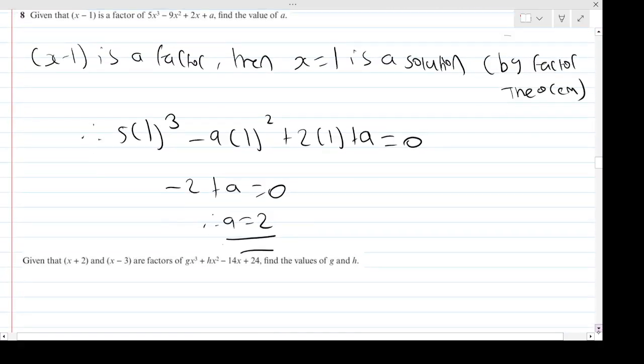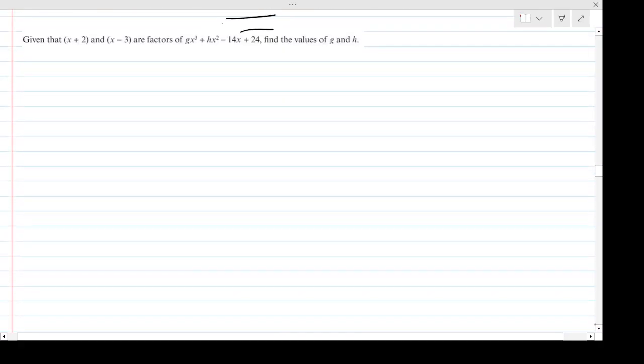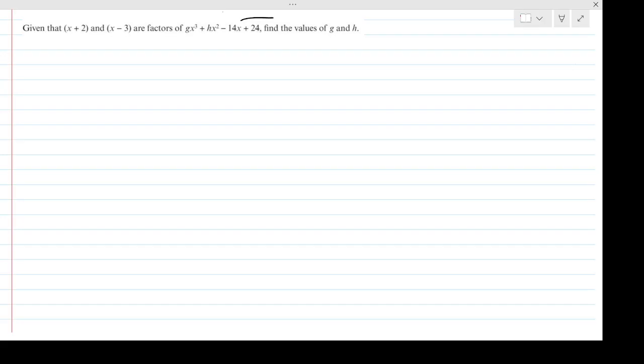There we are. So let's have a look at this one, which is, I guess, more of a step up. So now we have two factors. We are given x plus 2 and x minus 3 are factors. So we're going to plug in these two numbers, right?